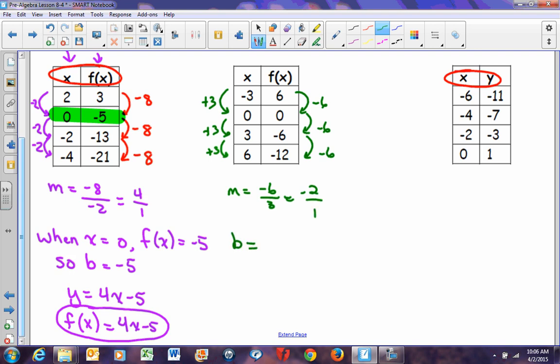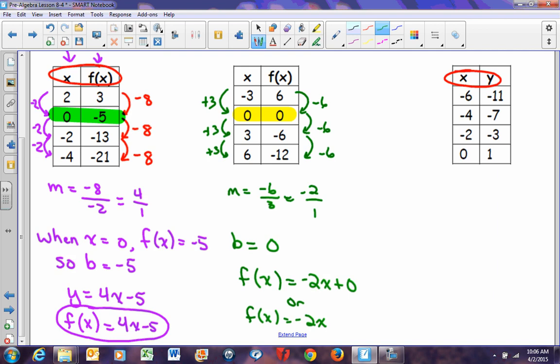My y-intercept is when x equals 0. So if I look at my table, x equals 0, f of x equals 0. So my b is also 0. So my formula would be f of x equals -2x plus 0, or just f of x equals -2x. And we can check and see if these are working by checking this out.